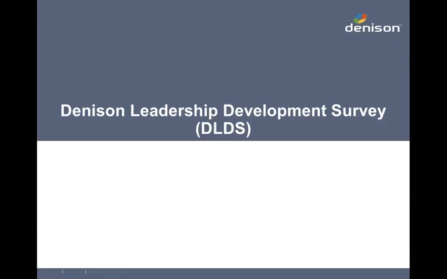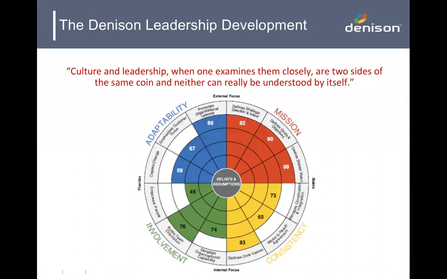Quite soon after we developed our original culture model, we also responded to client demand and insight to create a leadership development 360 that we call the Denison Leadership Development Survey. This uses the same model as our culture assessment, but it defines the elements in the model and defines the questions in terms of the leadership competencies and the specific capabilities of a leader.